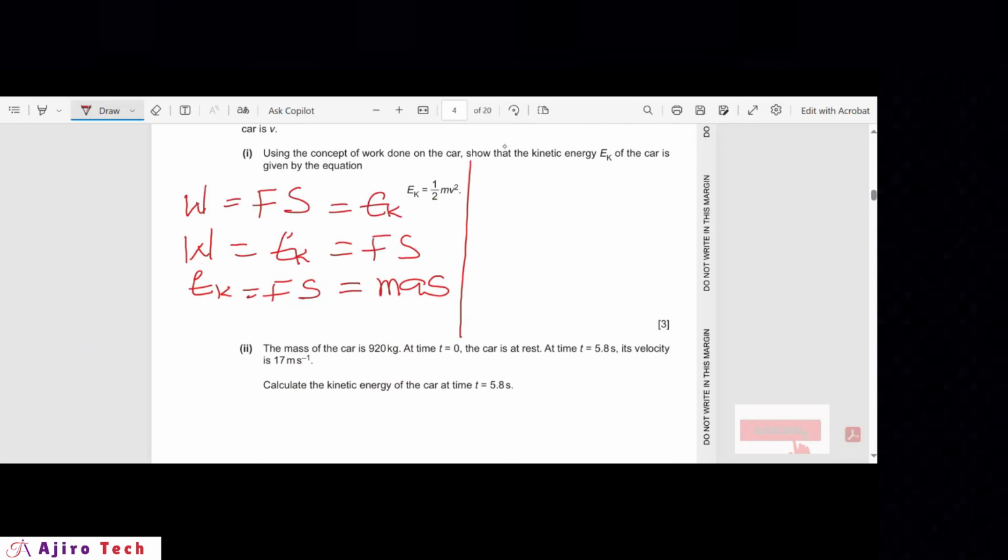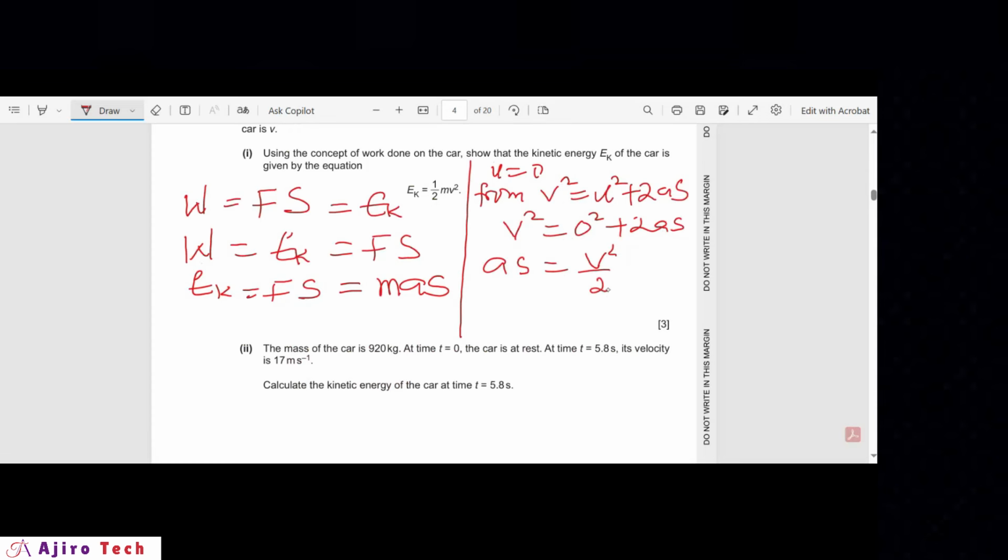Now we need to look for the other parameter to use. We have u equal to 0. From v squared equals u squared plus 2as, I'm going to have v squared equals 0 squared plus 2as. So I can make as the subject of the formula. If I move that, as will give me v squared over 2.